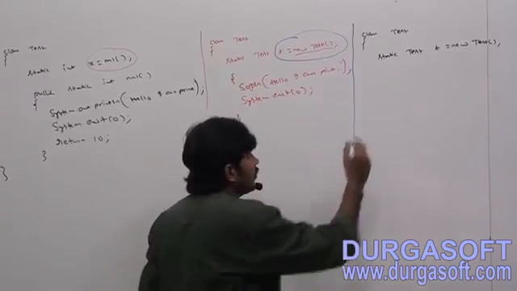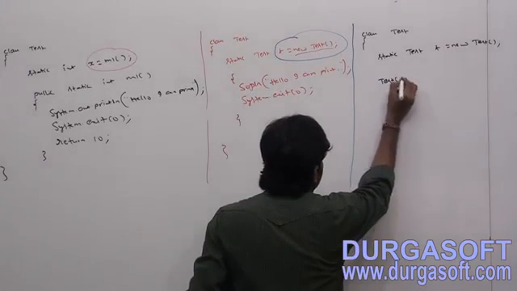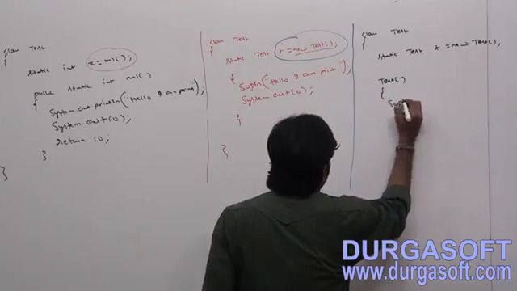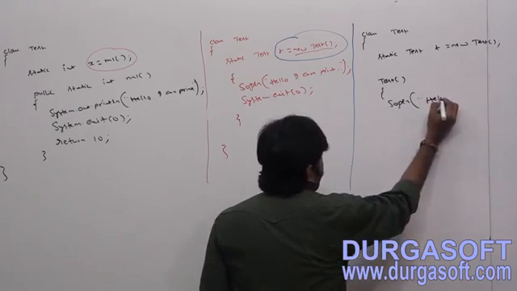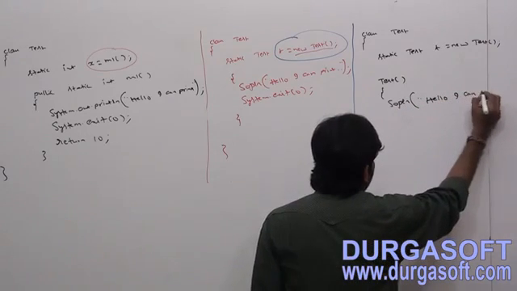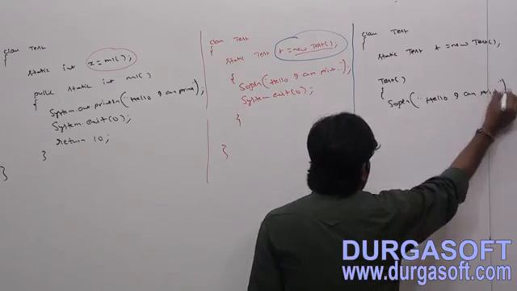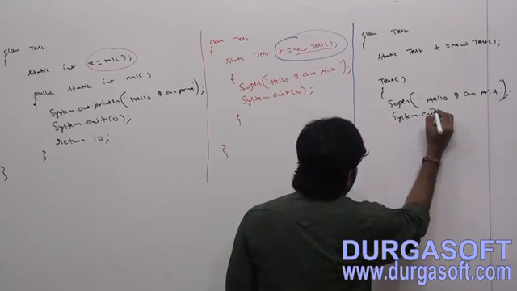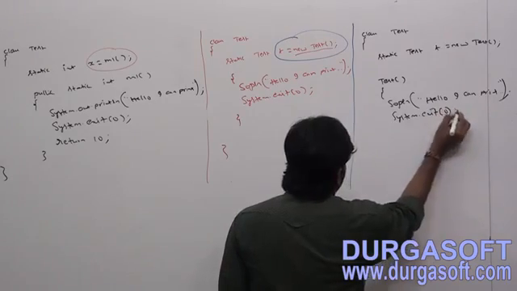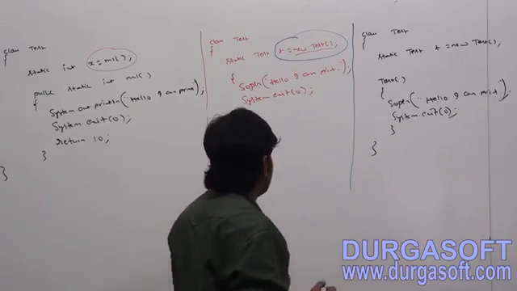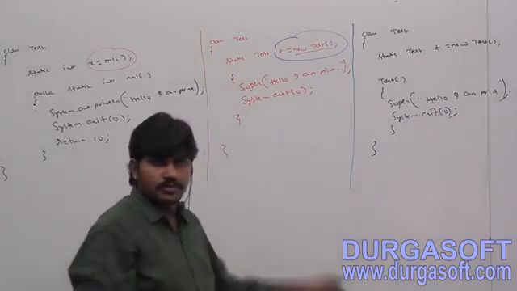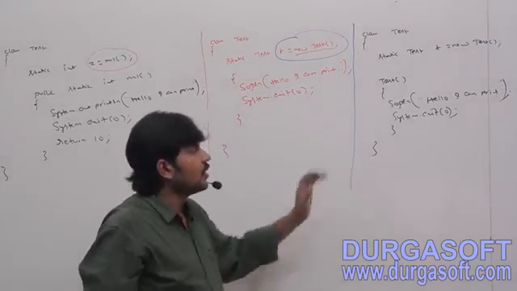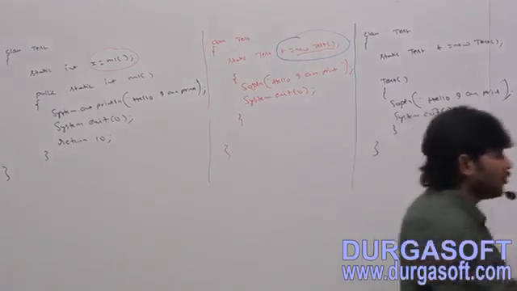Correct or not? That's why here I am taking the test constructor, System.out.println, hello I can print, and then System.exit of 0, like this we can do. Are you able to understand that? Now let me execute these parts also.